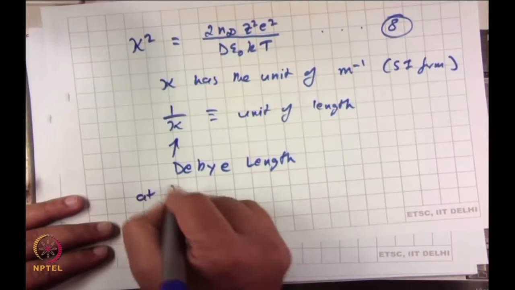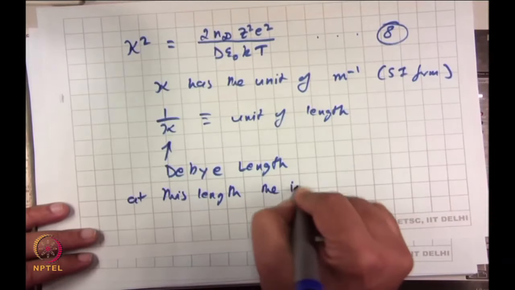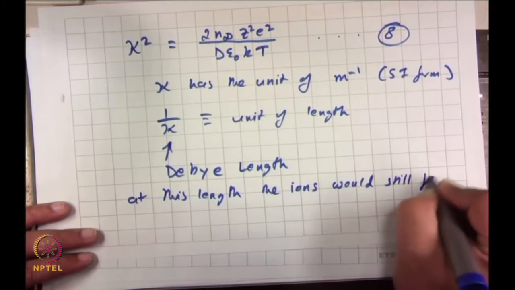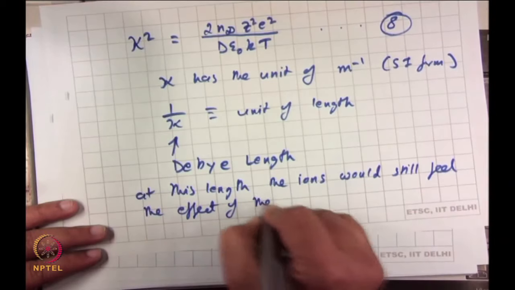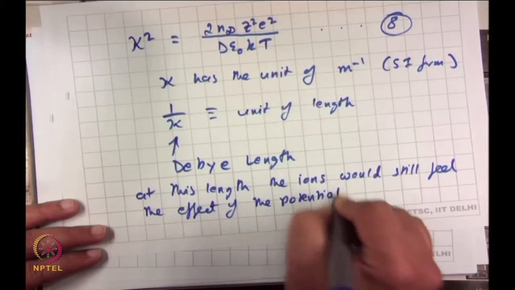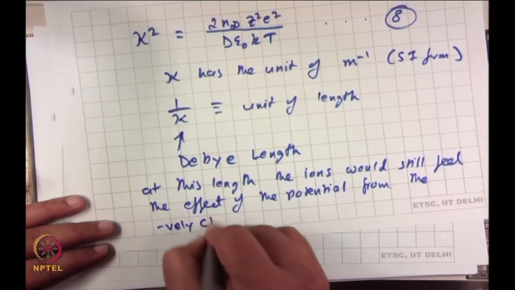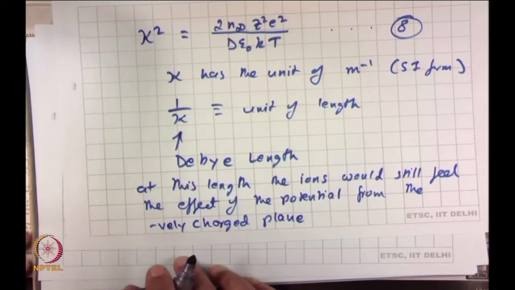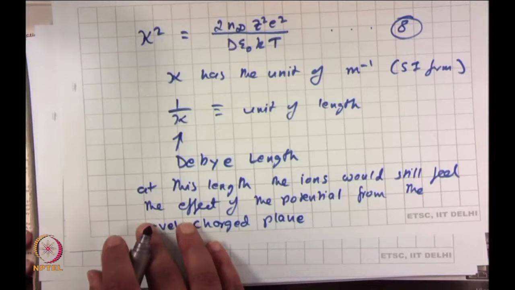So, at this length, the ions would still feel the effect of the potential from the negatively charged plane that we started with, right. Our plane was negatively charged.